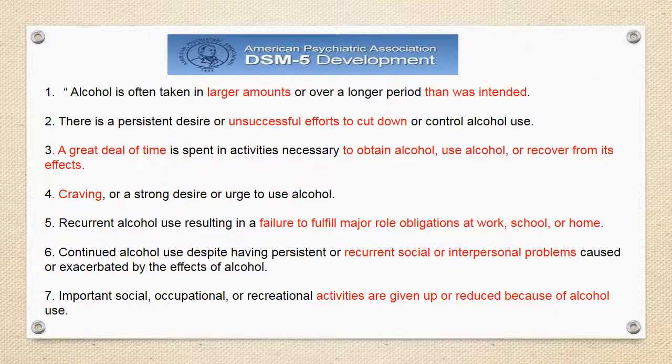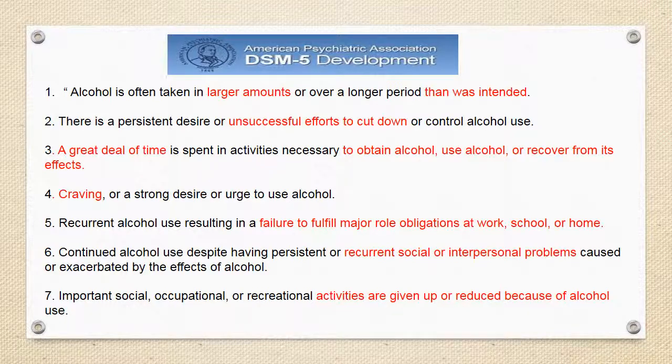So, according to the DSM-5 and the American Psychiatric Association, these are some of the symptoms that may be prevalent in a person's life who is experiencing alcoholism. I have highlighted in red the most profound words listed in the DSM-5 that indicate symptoms of alcoholism.